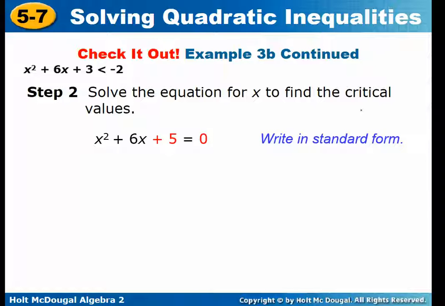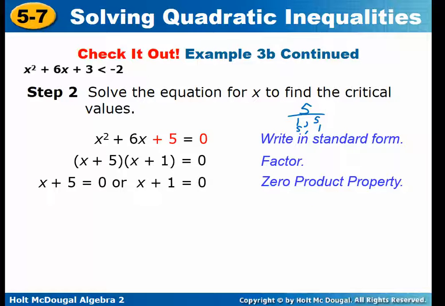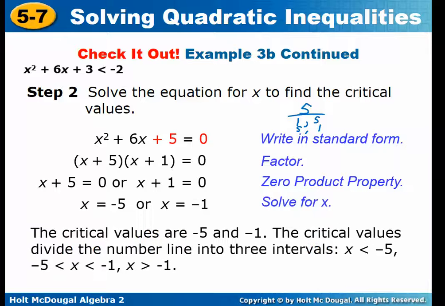The factors of 5 that add to 6, you can either do 1 times 5 or 5 times 1. They're the same thing. They both add to 6. So we write our factors as x plus 5 times x plus 1. Then you set each of those equal to 0. So your two critical values would be x equals -5 and x equals -1.